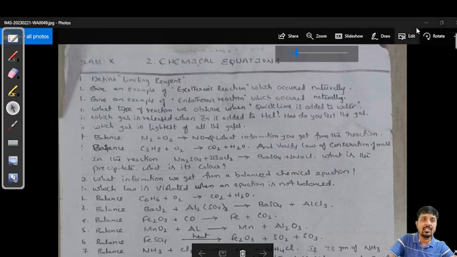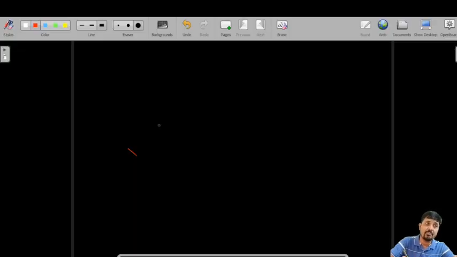The second question is: give an example of an exothermic reaction which occurs naturally. Let me first tell you what an exothermic reaction is.